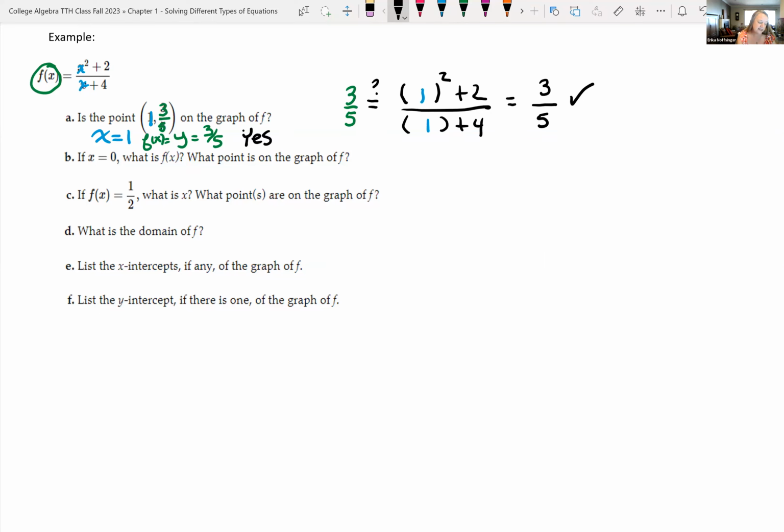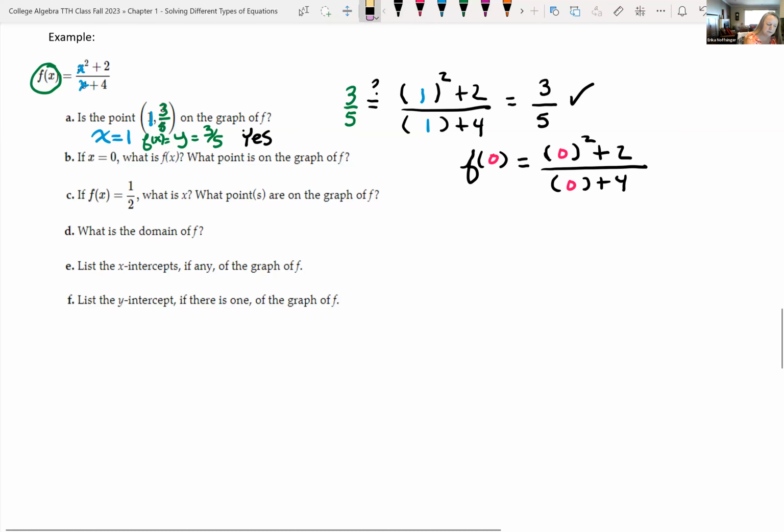Part B says, if x equals 0, what is f of x? What is the point on the graph? Okay, well, f of 0, this time we're going into our function, and wherever we see an x, we're replacing it with 0. So we have parentheses squared plus 2 all over parentheses plus 4. Go in and drop in 0 inside the parentheses and simplify.